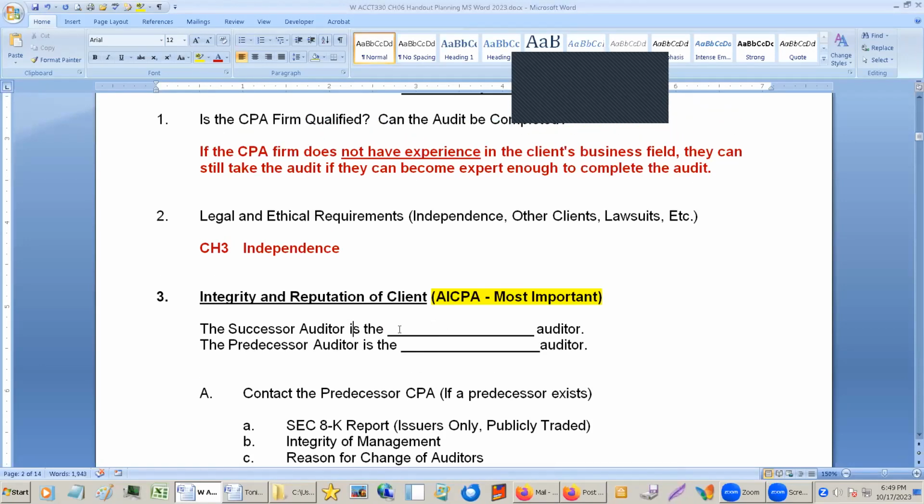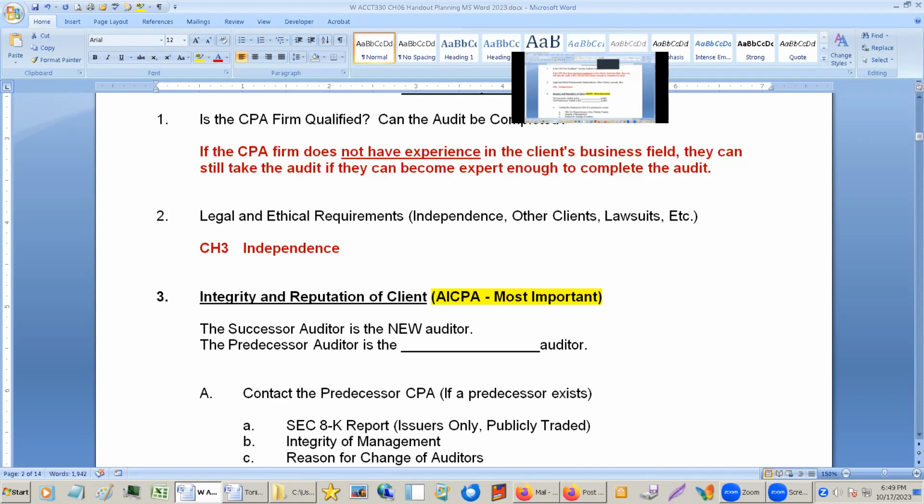Okay, now if they had an auditor previously, the successor auditor is the new auditor. And the predecessor auditor is the old auditor.